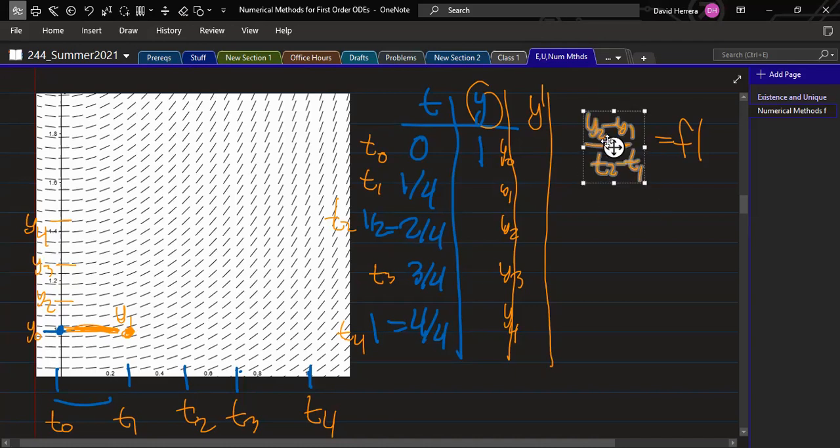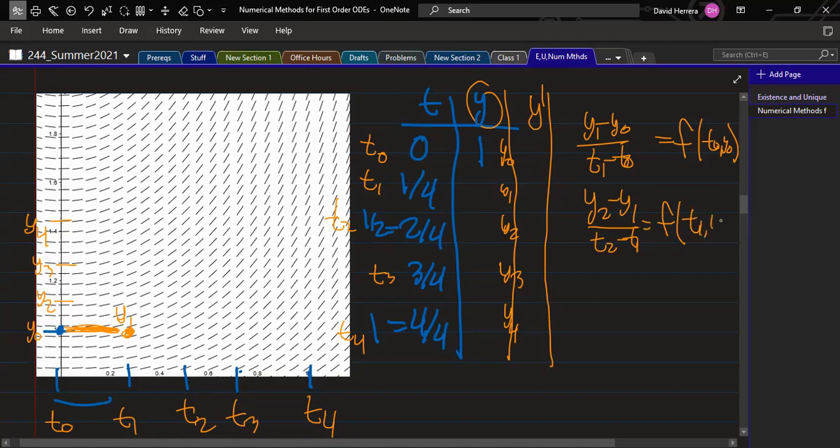So y1 minus y0 over t1 minus t0 is going to be the derivative calculated at the previous point. That's this point here, so it's going to be at t0, y0. And the slope going from 1 to 2 is the value from t1, y1.